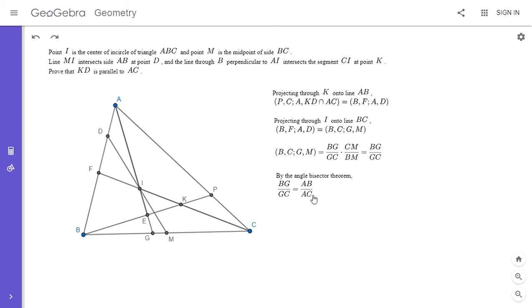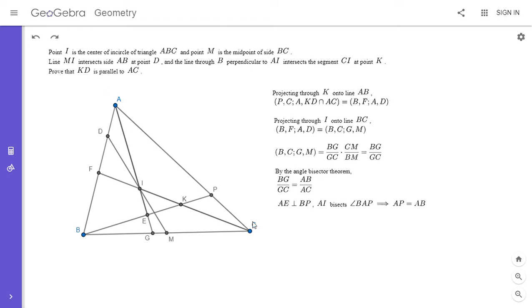Now we haven't used the fact yet that BP is perpendicular to AI, so we have to use that somewhere. If BP is perpendicular to AI, which is the angle bisector, then triangle ABP must be isosceles. So we have AB equal to AP by symmetry. That's because if you have a triangle where the angle bisector is the same as the altitude, then it has to be an isosceles triangle.